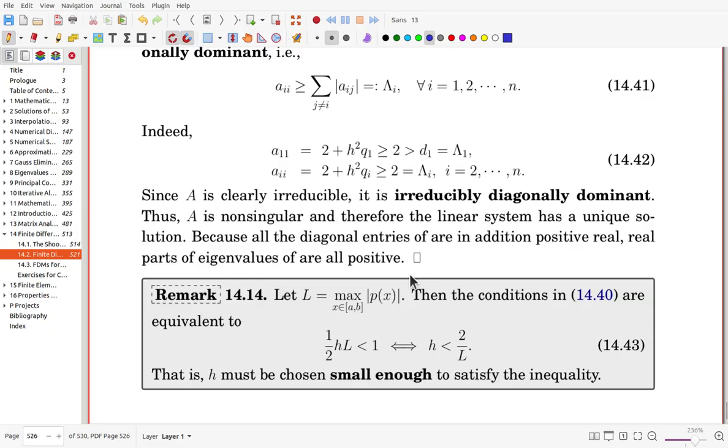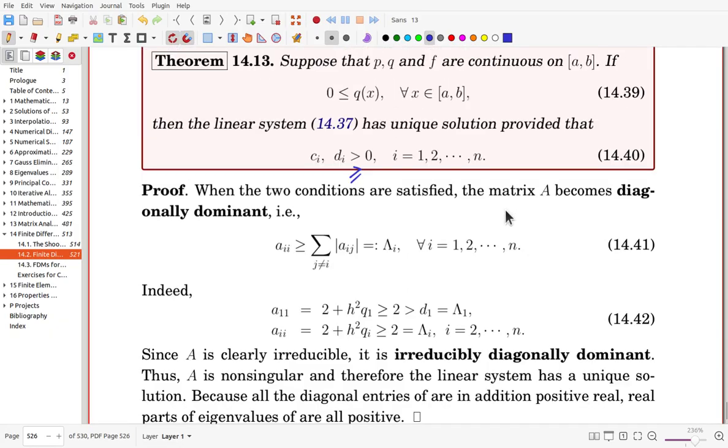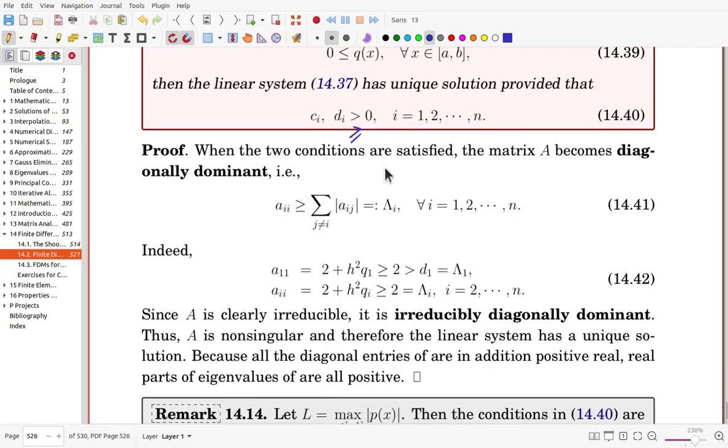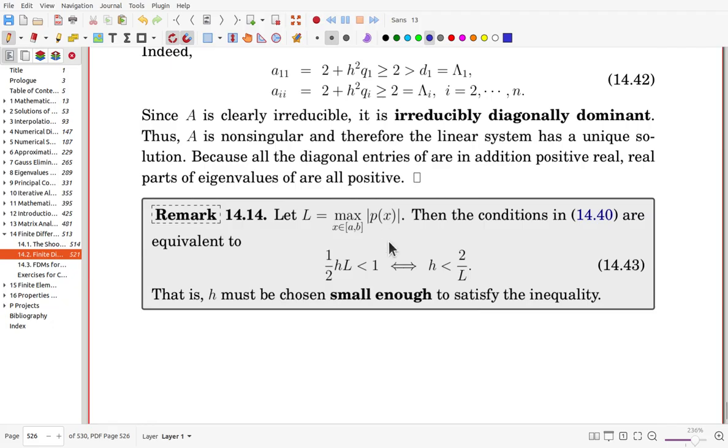Okay, the condition in 14.40, that ci, di are positive, is the same as, once we consider L, the maximum value of p in modulus, this condition.